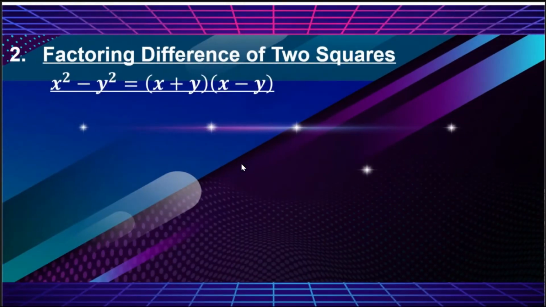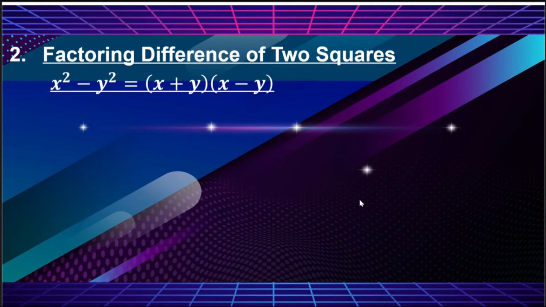Second factoring technique is factoring difference of two squares. It is in this form: x squared minus y squared is equal to the product of x plus y and x minus y.